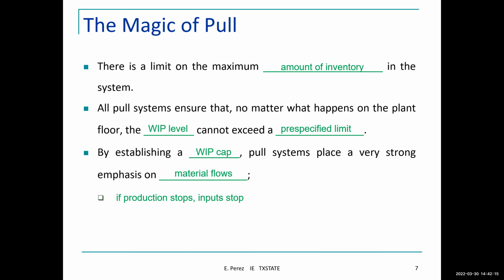Whereas in the push system, if you have a failure of a machine and you already started the process, you will have all these parts waiting for that machine to be fixed in order to continue the process. So in a pull system, if the machine stops, you will not continue having all this flow of inputs into the system; it will stop.